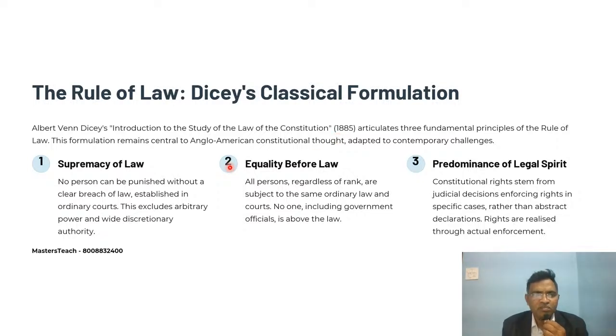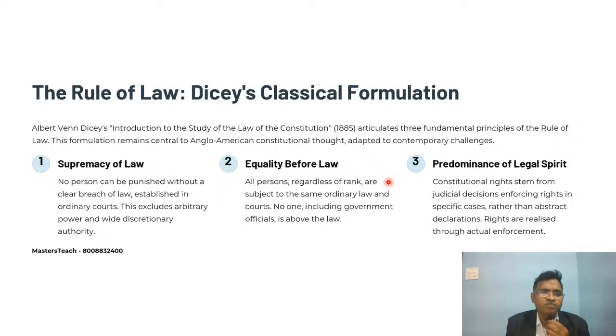This formulation remains central to the Anglo-American constitution, though adapted to contemporary challenges. As per Albert Venn Dicey's Introduction to the Study of the Law of the Constitution, they are: supremacy of law, equality before law, and predominance of legal spirit.